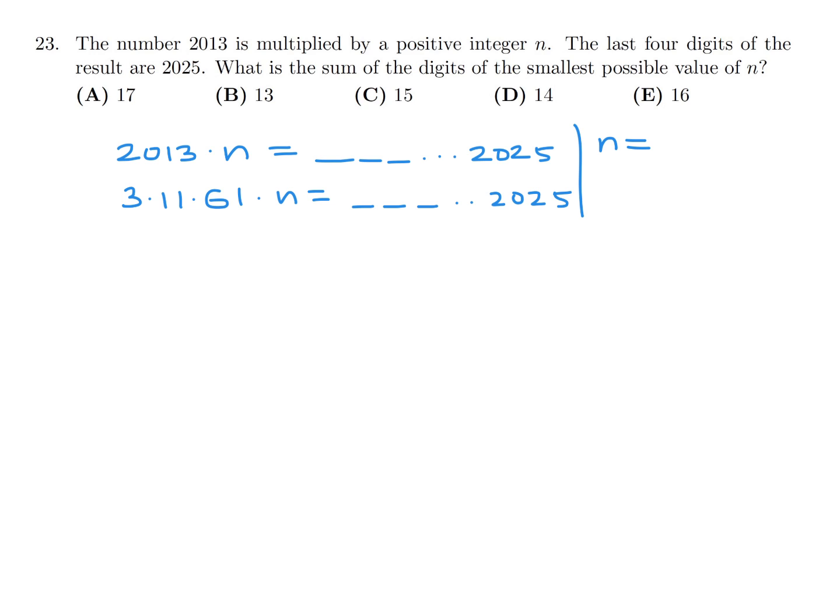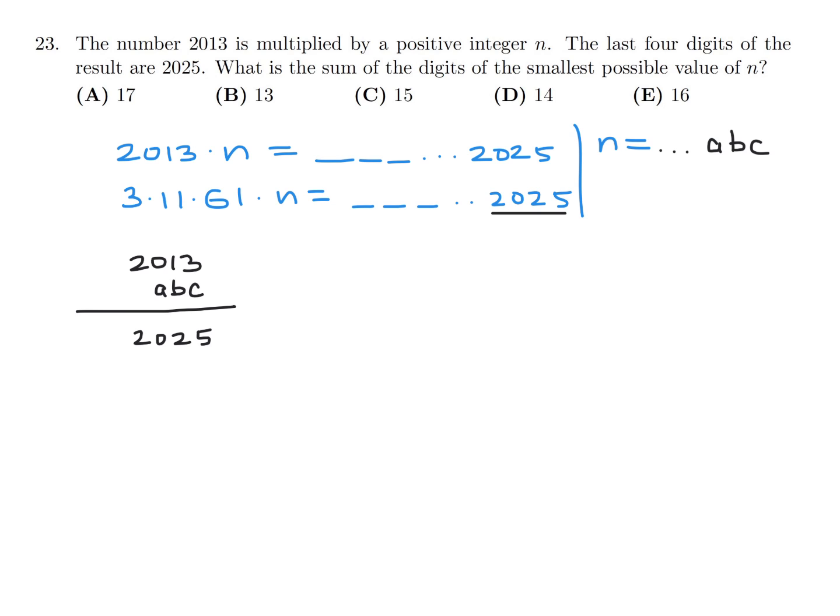Since I don't know, I'll make something up: dot, dot, dot, and we'll call it A, B, C, in terms of the digits. So, 2013 multiplied by A, B, C, and we are trying to eventually get something that ends in 2025, right? So, we're trying to get this.